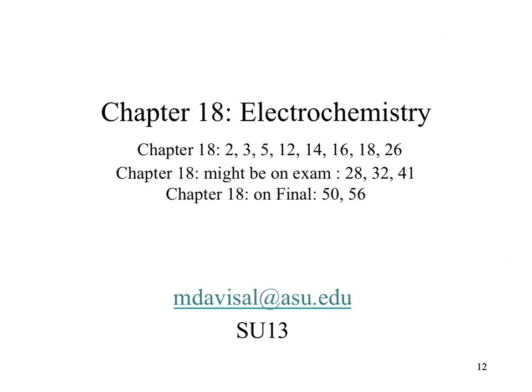That puts us into chapter 18, which is our electrochemistry chapter. I've put up some textbook questions. So as far as the textbook questions go, that first line should get you practice guaranteed. Everything in that line should be on the exam. The second line, that might show up on the exam, but it kind of just depends how far we get this week.